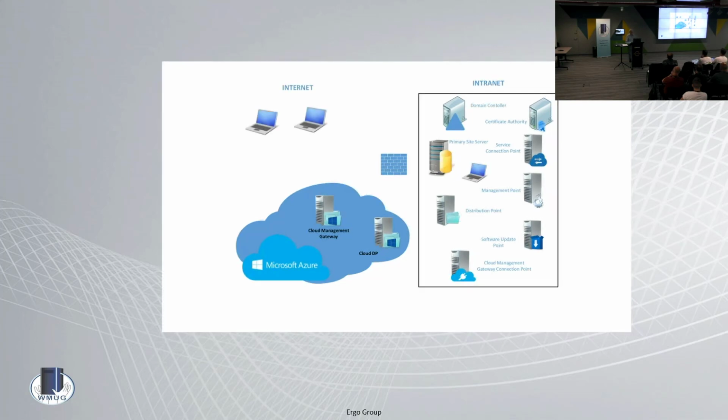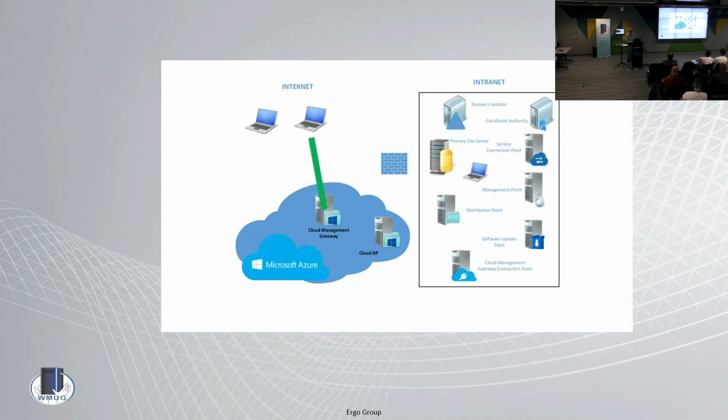And here we have our internet-based clients. We talked about what's supported. All the supported clients are supported with PKI, Windows 10 only for Azure AD. So what's the traffic flow? Time for the client to get its policy.